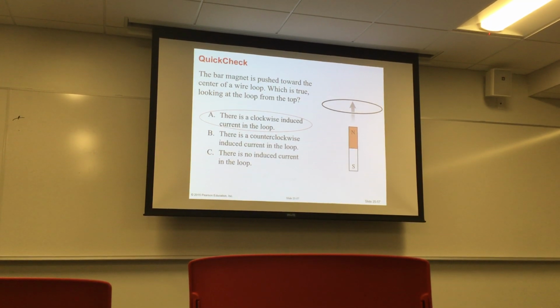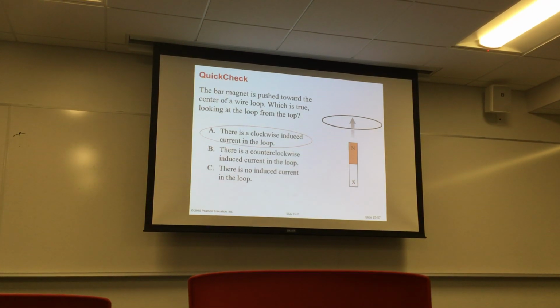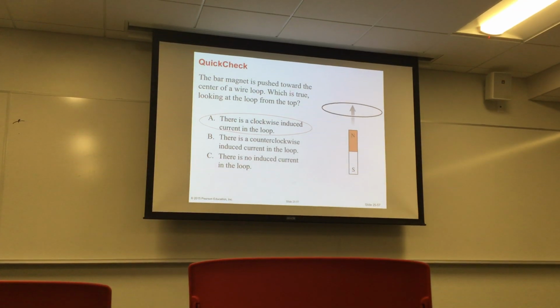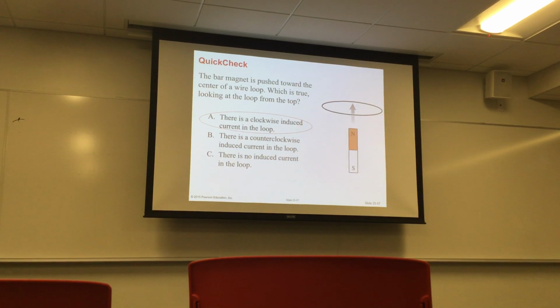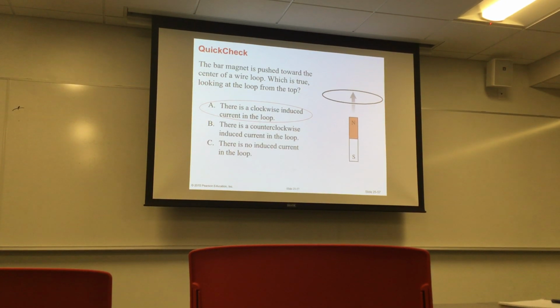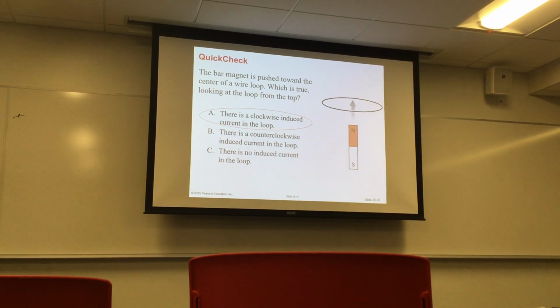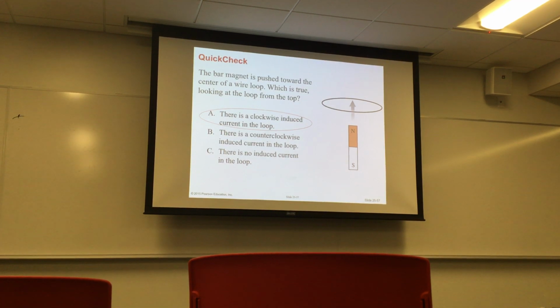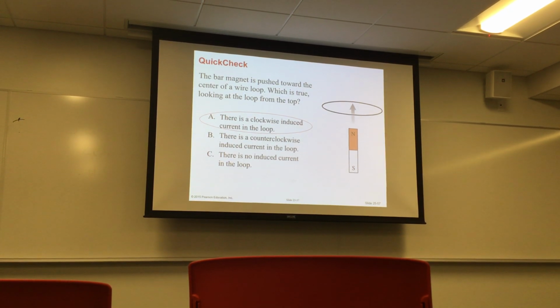So the more and more magnetic field lines are going through that loop as I approach with the north, so the loop wants to cancel that. How do you cancel it? You need to make a magnetic field in the opposite direction. So the current has to go this way, and if you look at it from above, that means a clockwise direction of the current.